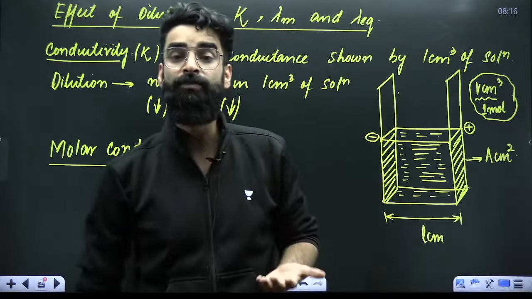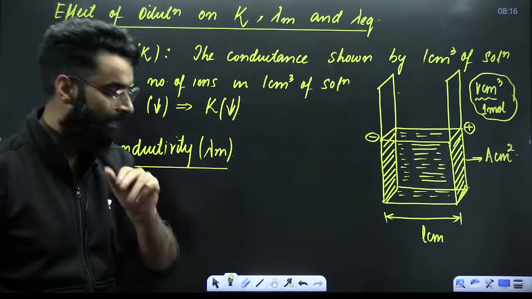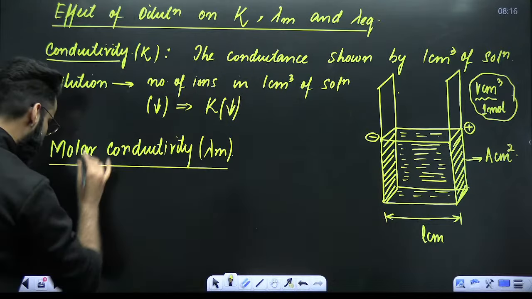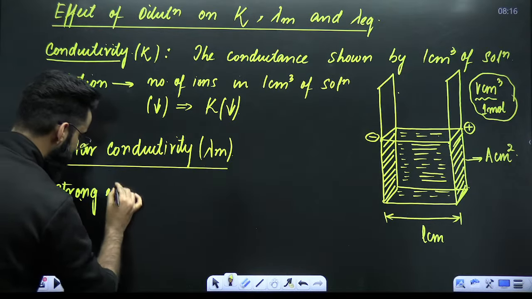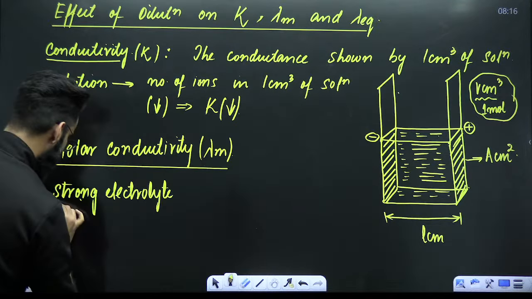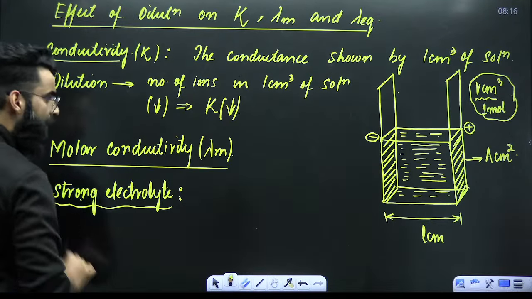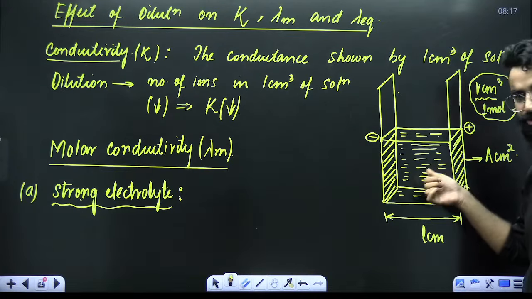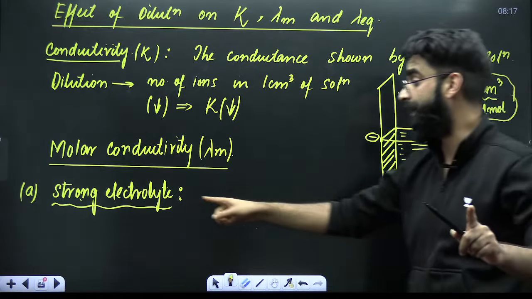Now what happens to molar conductivity with dilution? That is the discussion. Imagine that the electrolyte we have used is a strong electrolyte. I'm assuming that in this given volume of solution, there is 1 mole of strong electrolyte present.